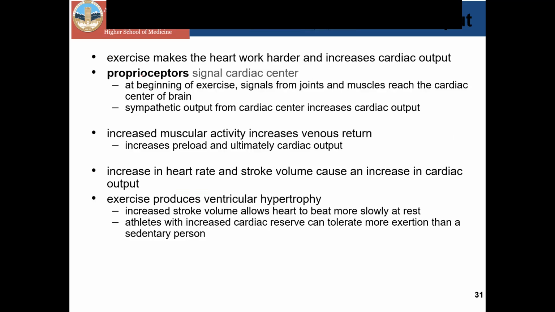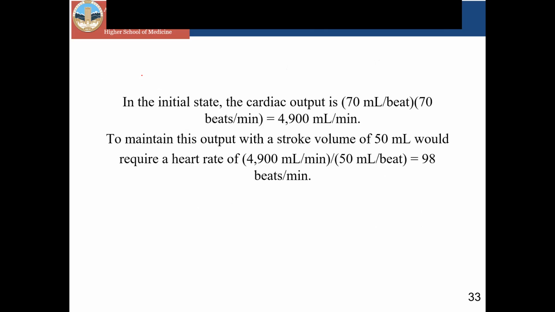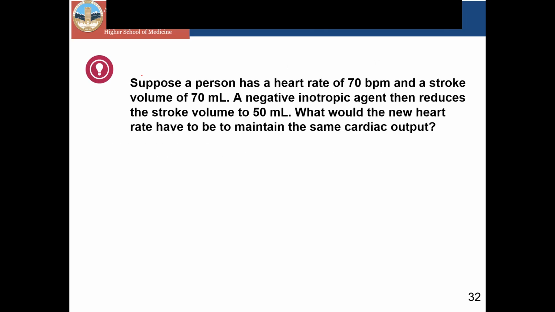Proprioceptors signal the cardiac center. It begins with exercise, signals from the joints, we discussed it before, increase heart rate, etc. Here, this task.